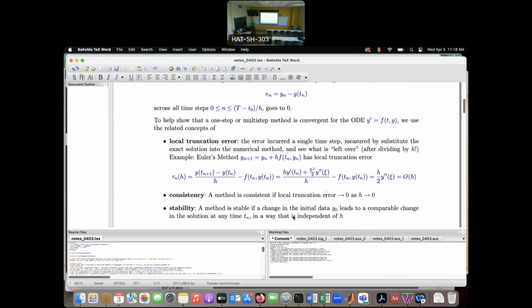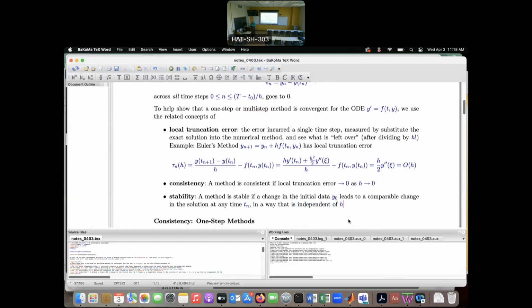So if you change the initial data for your problem a little bit, and you can prove that the change in the solution over the whole time interval, from initial time to final time, can be bounded in a way that is independent of h, then the method is stable. And what we'll see next time, I don't know if I'll get to it today, is that if you have a method that is consistent and stable, then the method can be proven to be convergent.